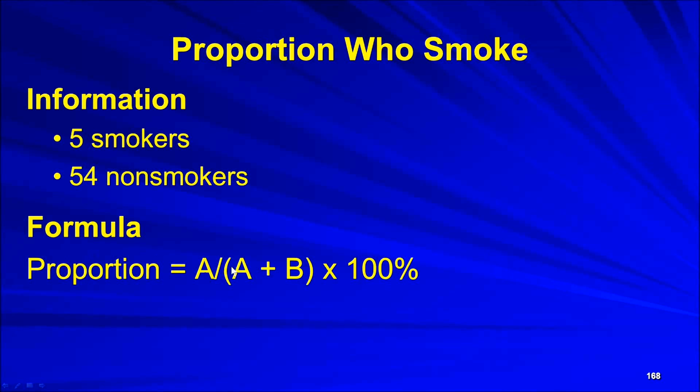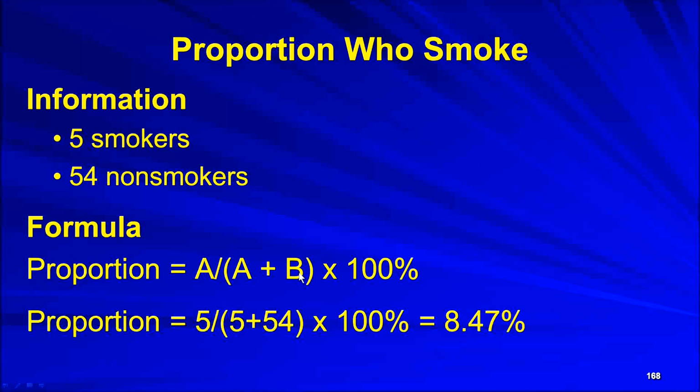So we know 5 is going to go here, 5 is going to go here, and what's going to be here should be 54, because that was the total of the population of 59, right?